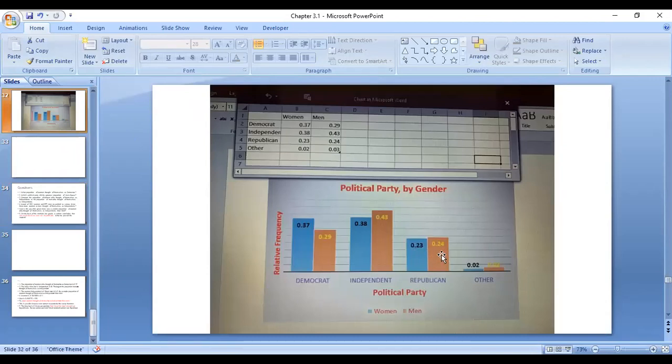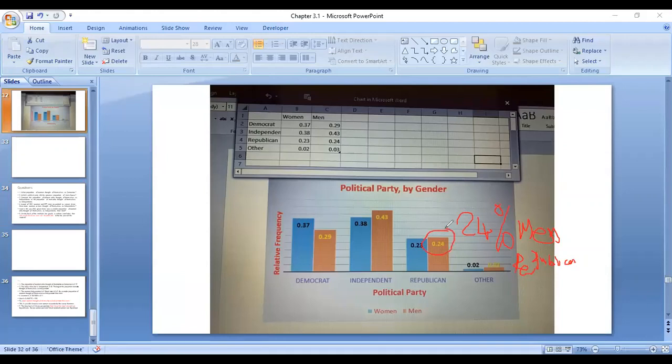The man is 0.24. That means 24% of the men are Republican, right? Each one is 24%. A man in the Republican.